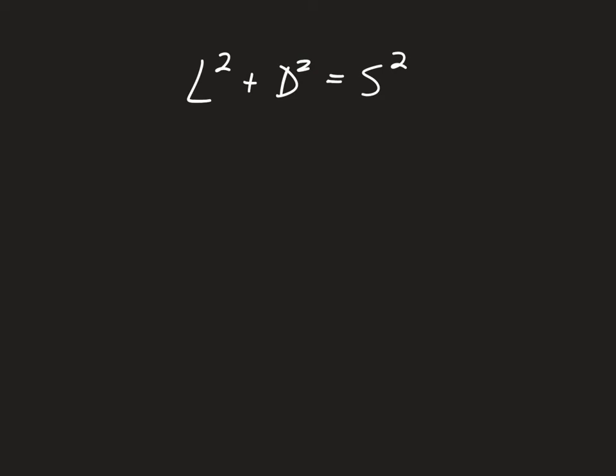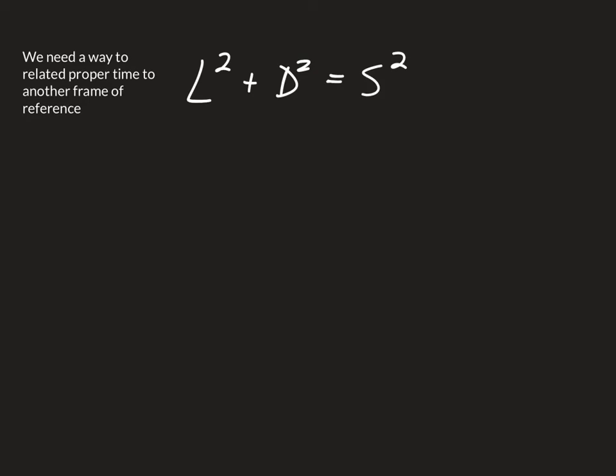Because what we need is a way to relate proper time to another frame of reference. That's what we need. And so that equation lets us get away with it.